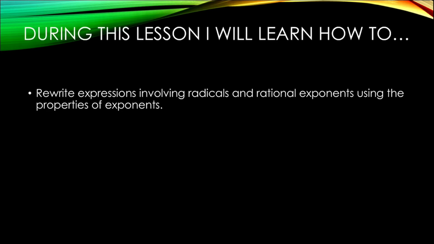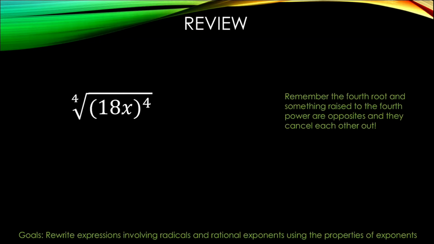During this lesson, you'll learn how to rewrite expressions involving radicals and rational exponents using the properties of exponents. Remember, the fourth root and something raised to the fourth power are opposites, and they can cancel each other out.